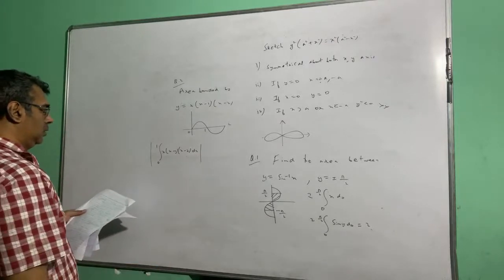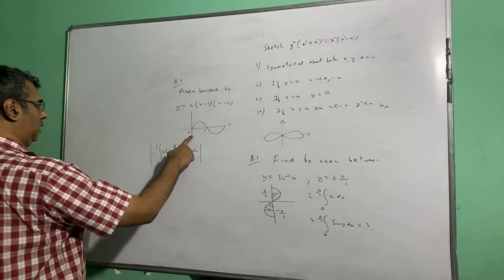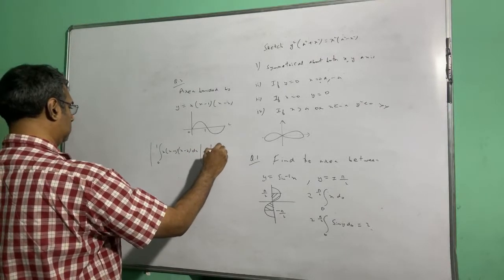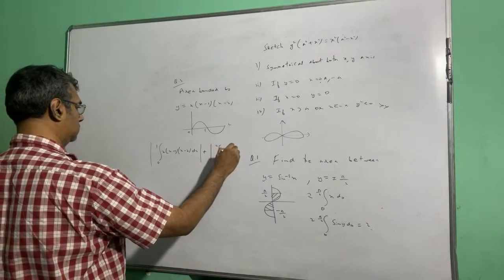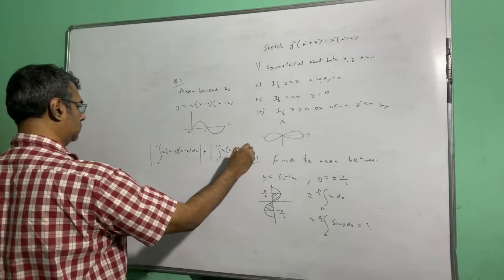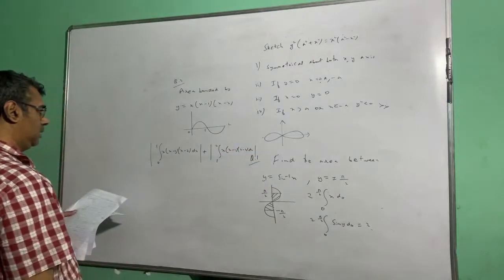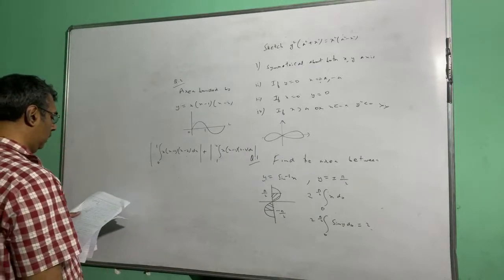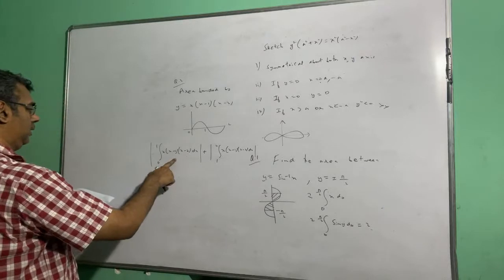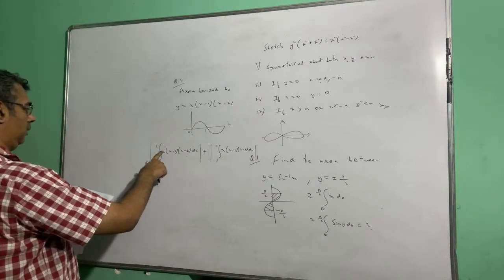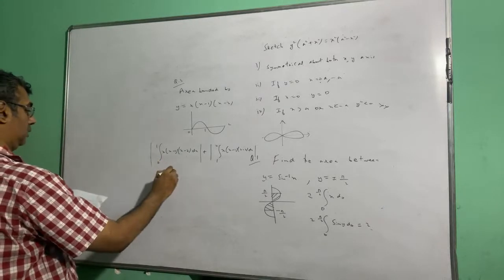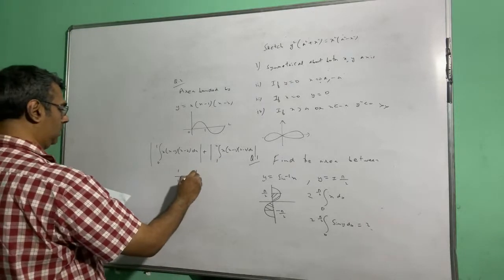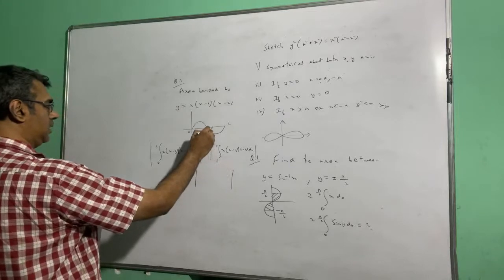So this integral will give you the area from 0 to 1, and this integral will give the area from 1 to 2. Now this integration, after you put the limit 0 and 1, you will get 1 by 4.